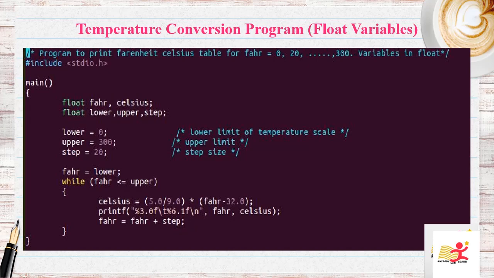Then you have the printf specifications where %3.0f says that a floating point number is to be printed at least 3 characters wide, with no decimal point and no fraction digits. And %6.1f describes another number that is to be printed at least 6 characters wide with 1 digit after the decimal point. So for 0 it will be printing minus 17.8. So 8 is the 1 digit after the decimal point.